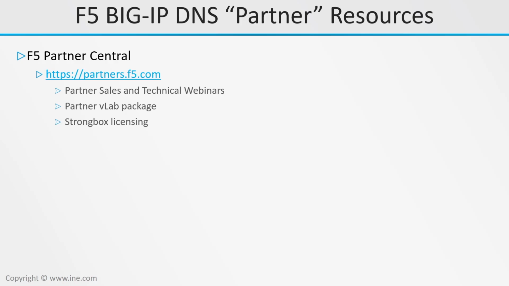Just make sure that when you're creating your account with partners.f5.com, you use the same email address as support.f5.com, so you'll have access through support.f5.com to download the VLab package.